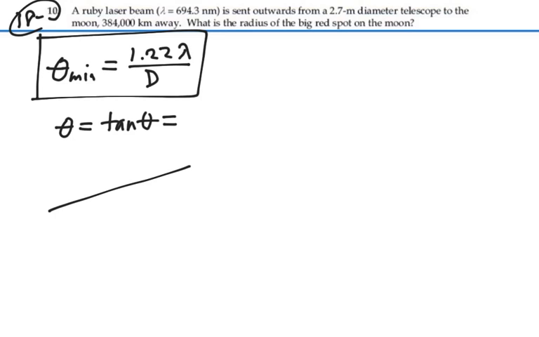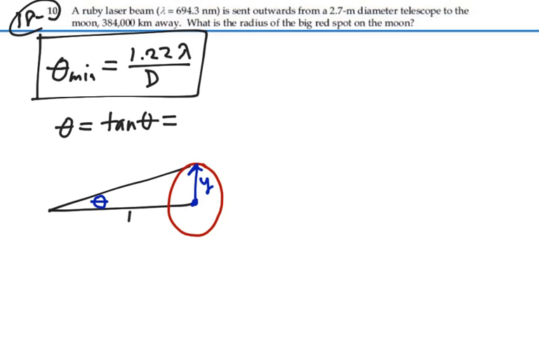Well, if we look at this situation where we're projecting a red dot on the moon, we have an angle to the outside of that dot from the center of the dot, and the radius of that dot would be the distance upward from that angle.